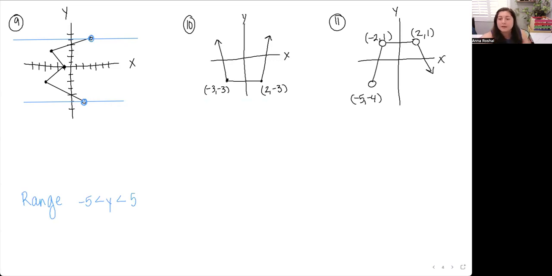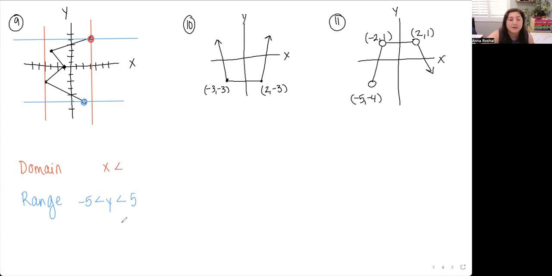Now, my domain, I'm going to change that color. And my domain is all of my x values, right? I think we're going to need to move that. There we go. Okay. So my domain is all of my x values. So I'm going to start off by saying x in the center. And I know that only on this right-hand side is my open circle, right?